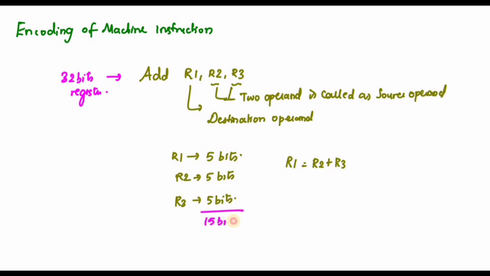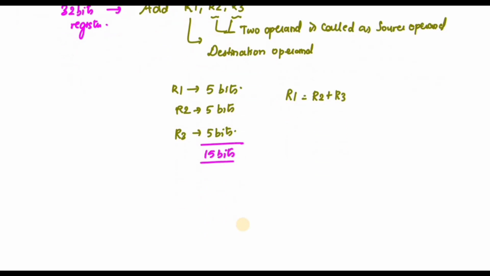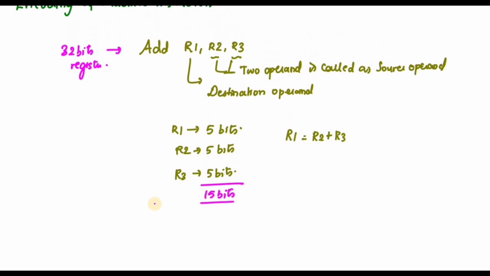If I assign a total of 15 bits for source and destination operands, the remaining bits are for the opcode. What is the remaining? 32 minus 15, that is nothing but 17 bits. So the 17 bits are for the opcode.